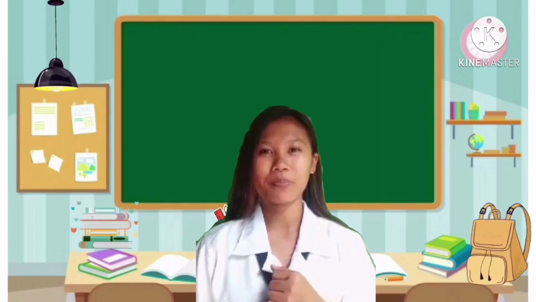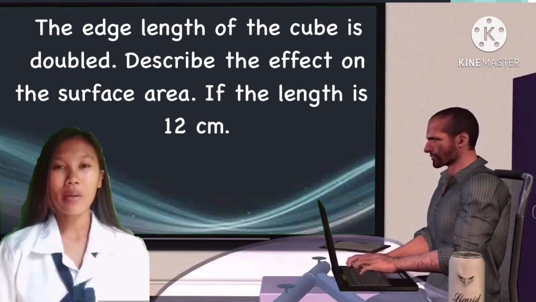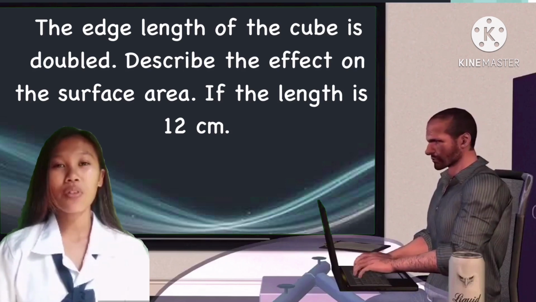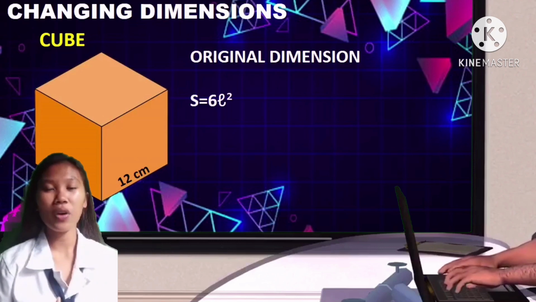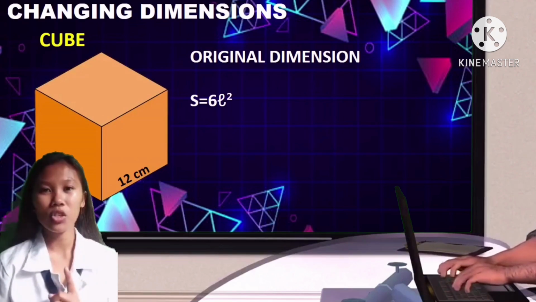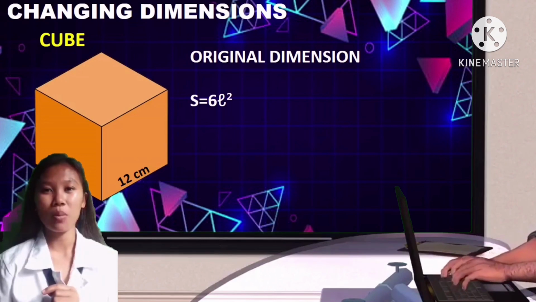So I have here an example that we are going to answer. The edge length of the cube is doubled. Describe the effect on the surface area if the length is 12 cm. The first thing that we have to find is the original dimension of the cube, where the length is equal to 12 cm.